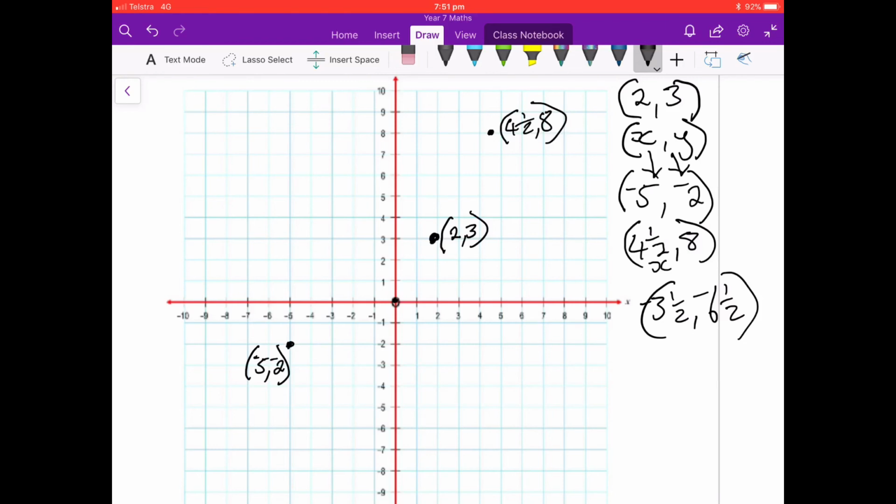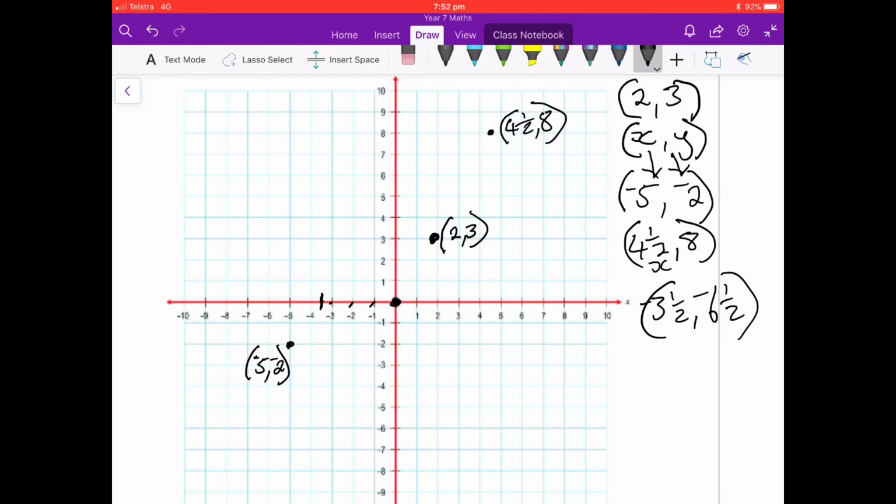So negative 3.5, we start at the origin. And this time we're going negative 3.5 along our x-axis, as it always comes first. So 1, 2, 3. Now there's 4, so we've got to go halfway between 3 and 4, and 3.5. There it is there. Now we're going negative 6.5 on our y-axis. So we're not going up the positive, we're going down into the negatives on the y-axis.